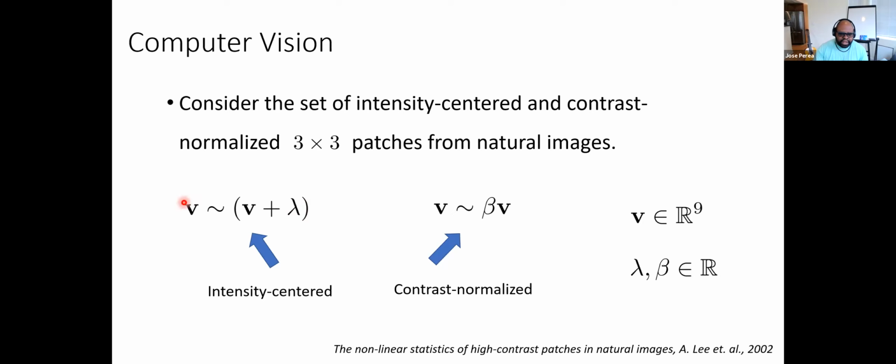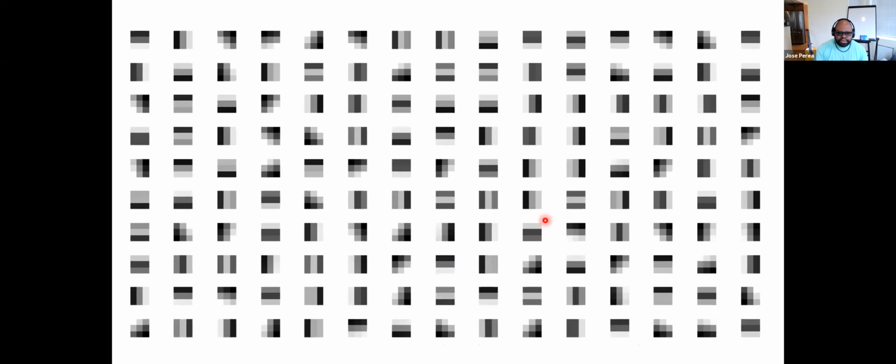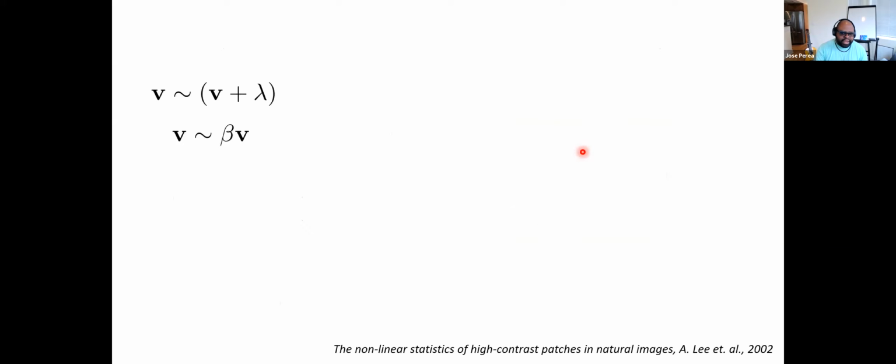We're centering via an additive constant, and we are normalizing via a multiplicative factor. So these are the kinds of images that you get from that process. You get these 3x3 patches that have high contrast and very interesting geometries. And again, the question is, what is the shape of that data?